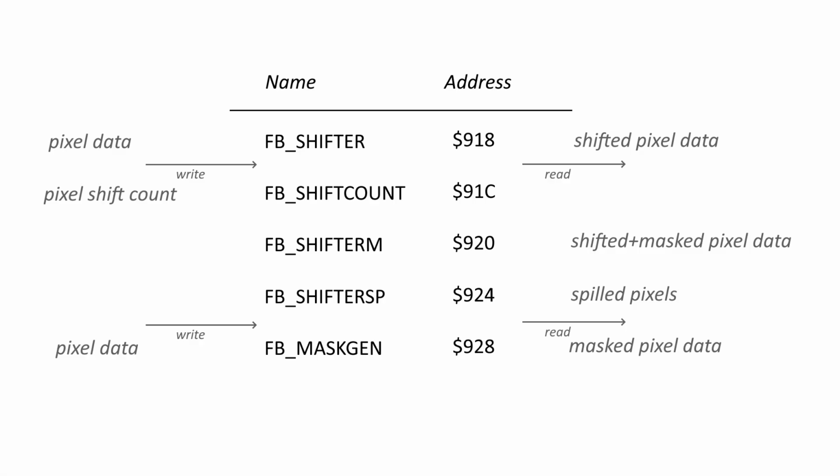And all these registers do not interact with the video memory at all, because otherwise it would have made accessing the video memory much more complicated. Also, this way you can use these registers to draw into an off-screen buffer.